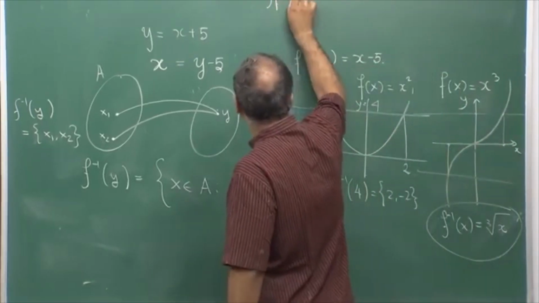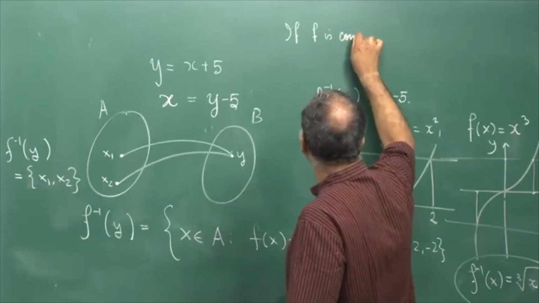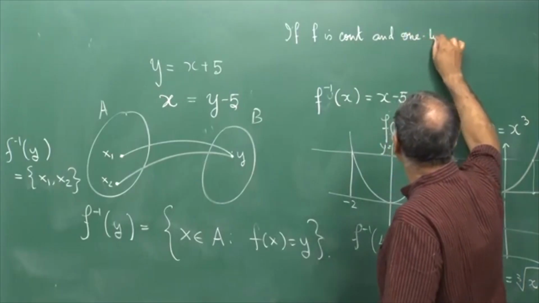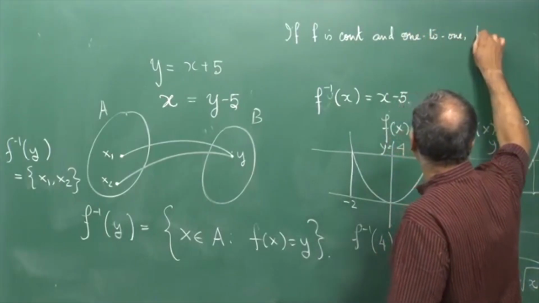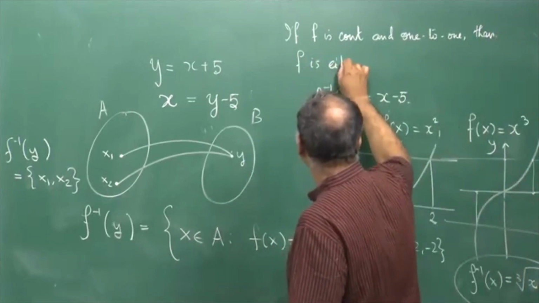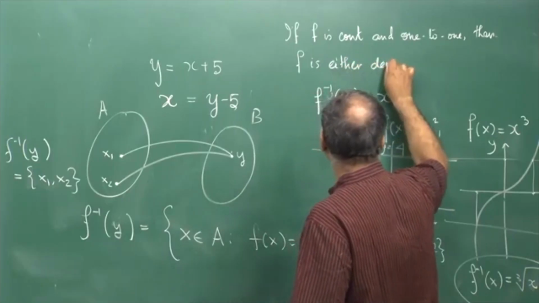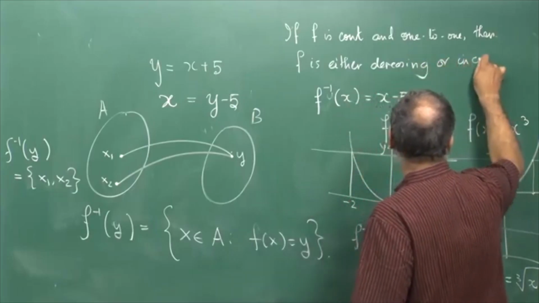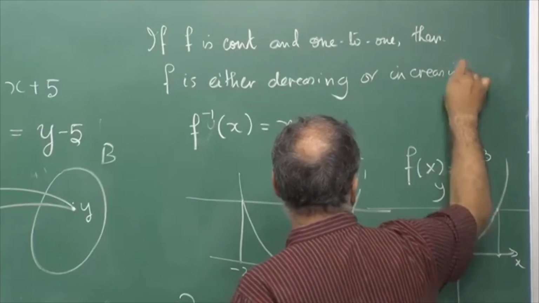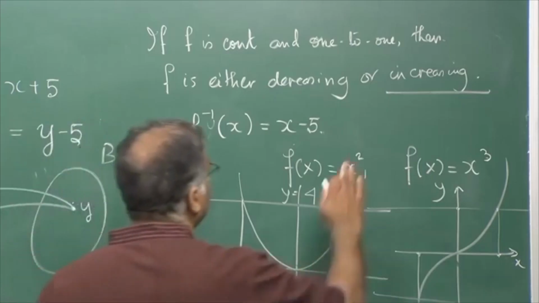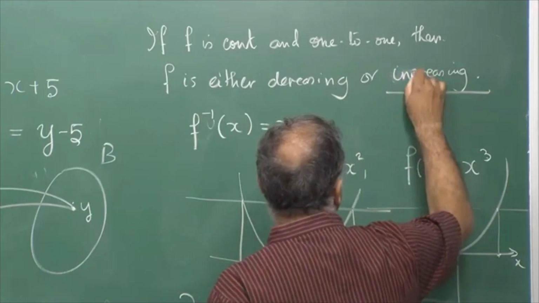If f is continuous and one-to-one, so it means it has an inverse, then f is either decreasing or increasing. So this is something very important.